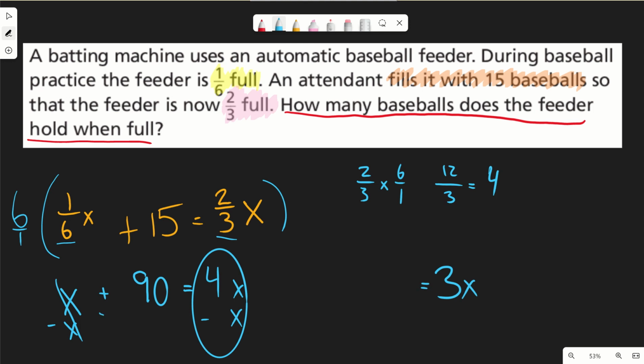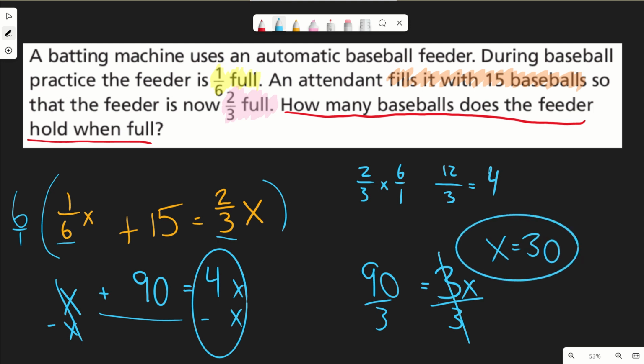And that equals, over here, we're left with 90. To get x all by itself, we're going to divide by 3 on both sides. We get that this pitching machine can hold 30 baseballs, and that is the total number of baseballs it can hold.